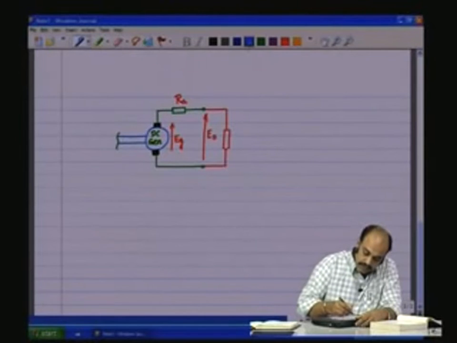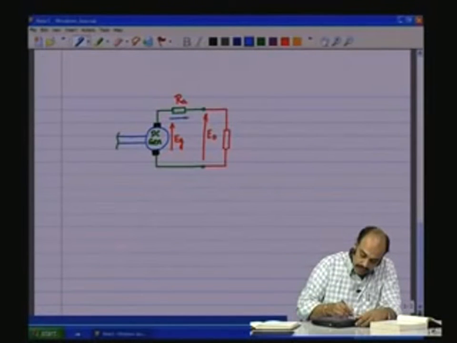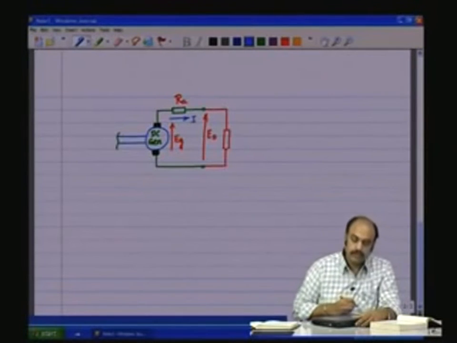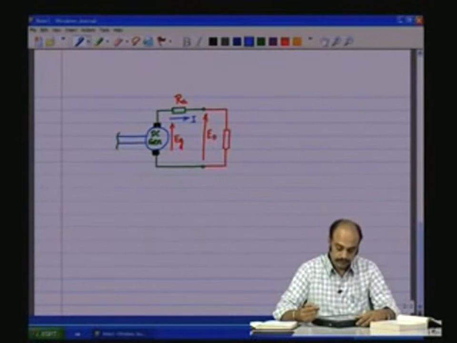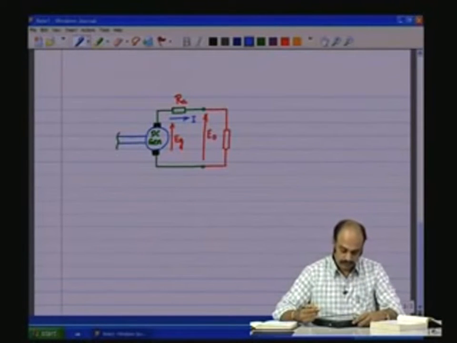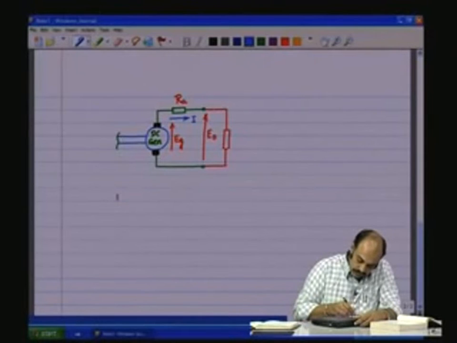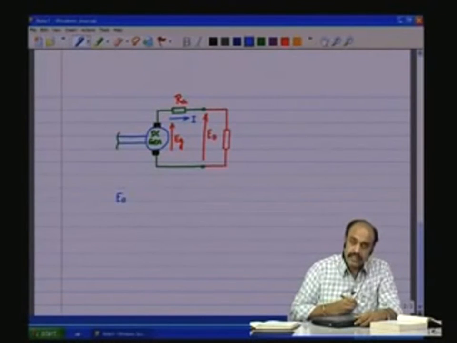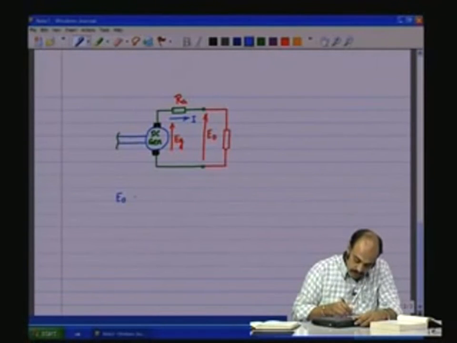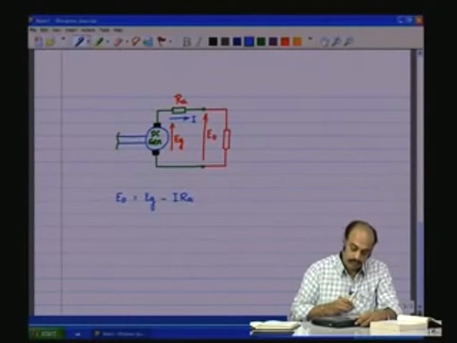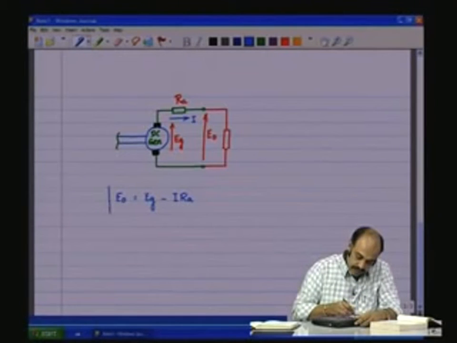So, there is going to be some current I which flows through this. So, what is E naught? The actual voltage that is coming across the load will be Eg minus I into RA, and this is the equation which gives you the load regulation portion.